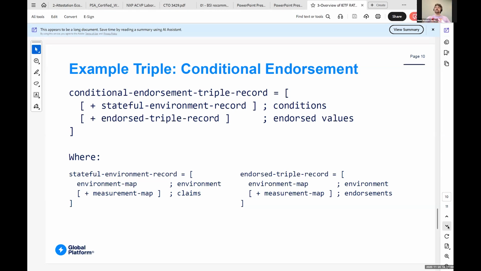So in this case, you're reusing the measurement map to tell you something about the attester. And on the left side, where it is a state for environment record, it is used as a reference value, where you appraise something about the attester to understand if it's really the thing. So this is why we reuse the same structure as a condition. Basically, it's all about code reuse, because it's a concise reference integrity manifest. We want to keep the code small and the verifier mostly simple. So next slide, please.